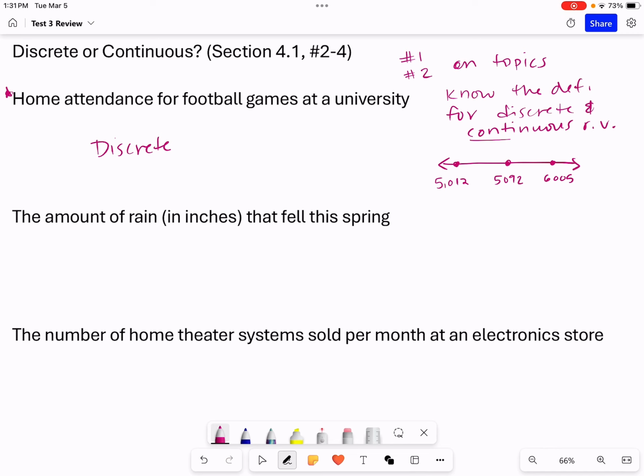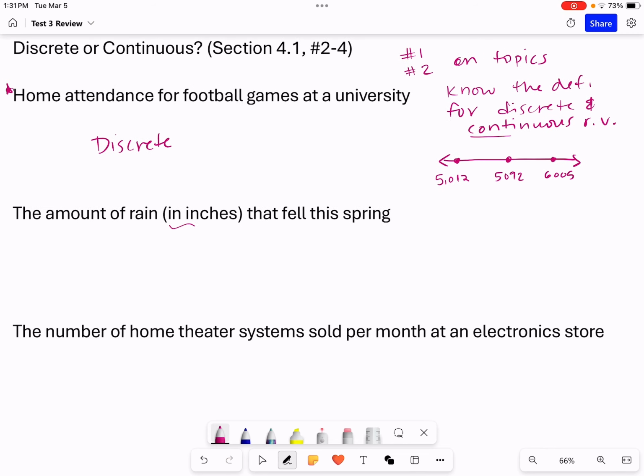The amount of rain that fell this spring, so this is one thing that's helpful, is that it's in inches. And again, I don't know what some of these numbers could be, but let's say that anywhere from 2 to 40. And if that is the case, then I would actually be filling in all of these numbers in between those two.